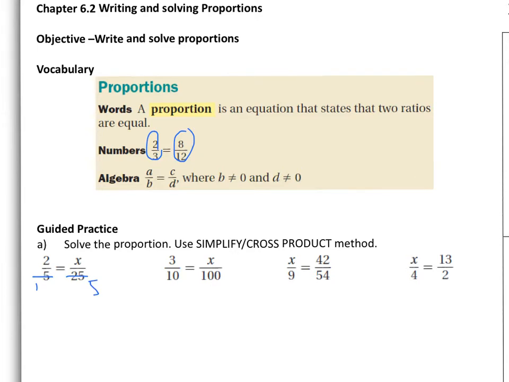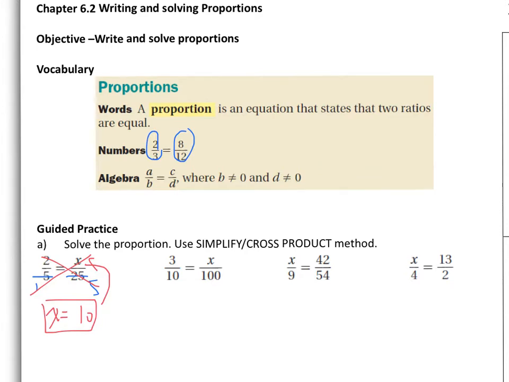Okay, and that's all I can do. I can't simplify anymore. So I'm going to do the cross product. 1 times x is x, and 2 times 5 is 10. And that's your answer. Okay, and if you plug 10 back into x, you can see that 2 over 5 equals 10 over 25.